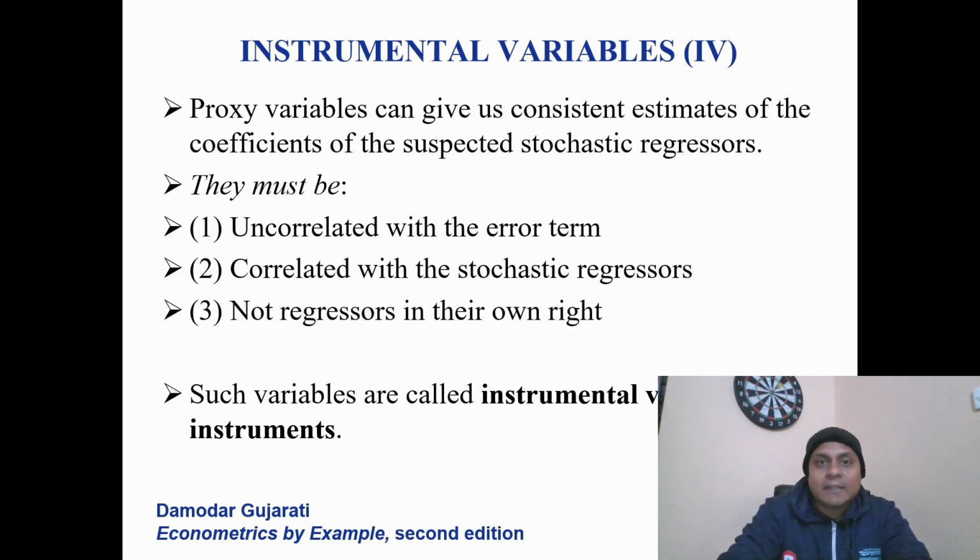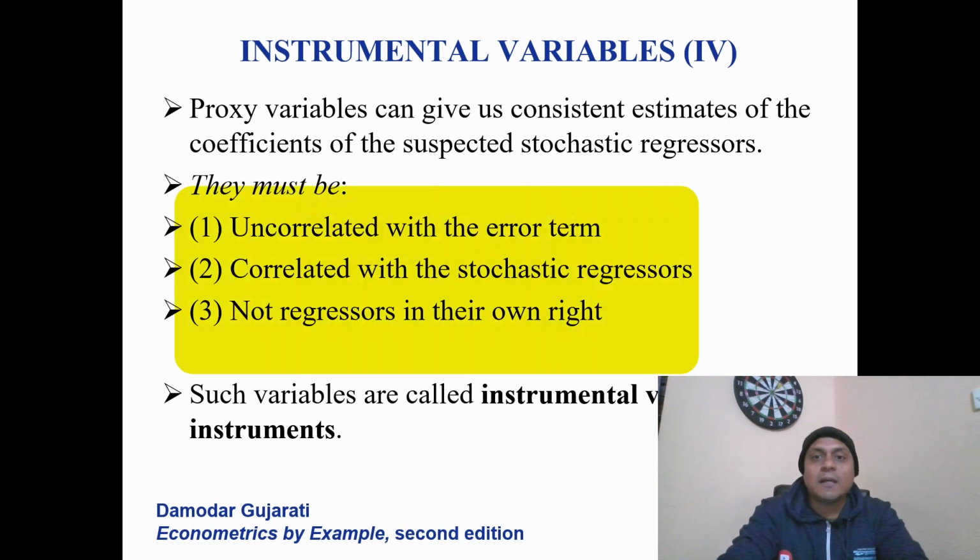To avoid that, we use the instrumental variable, also called the proxy variable, which can give us consistent estimators of the coefficient of the suspected stochastic regressor. For example, if you find a variable that is related to the error term, instead of using that particular variable, use a proxy variable that is related to your suspected variable. At the same time, it is uncorrelated with the error term.